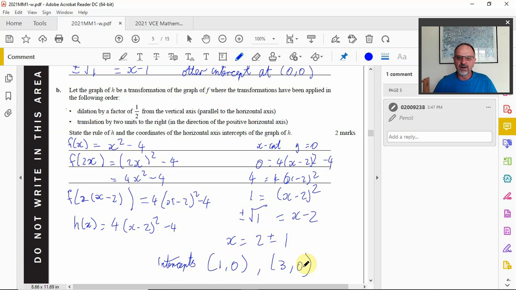And so there are our intercepts. All right, so just got to be a bit careful there when you're doing those transformations. Make sure you do them in the order that's been given. There are other ways that maybe you could write this out, but that's as good as any.